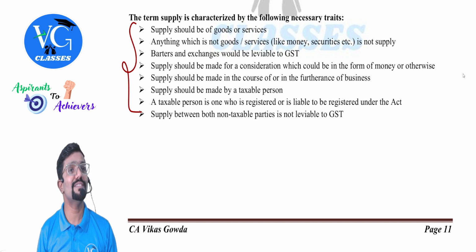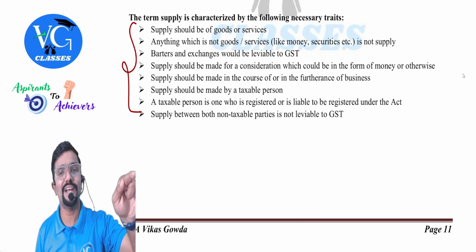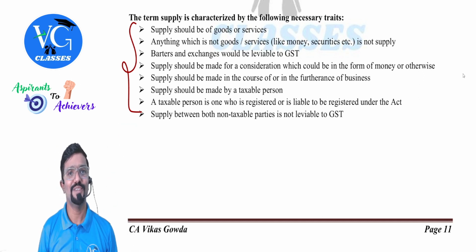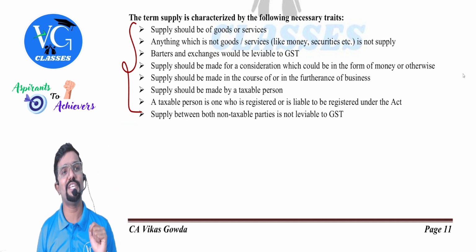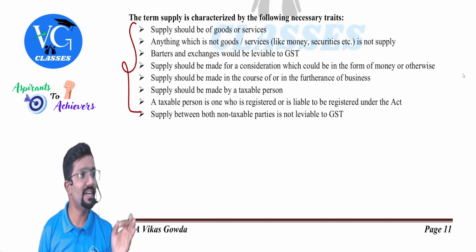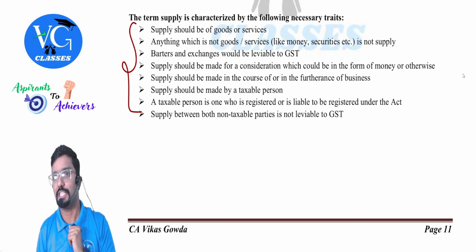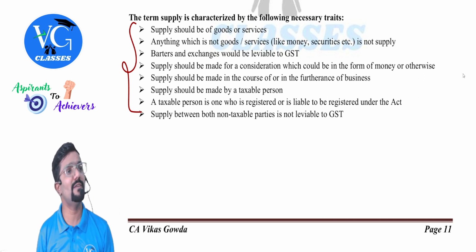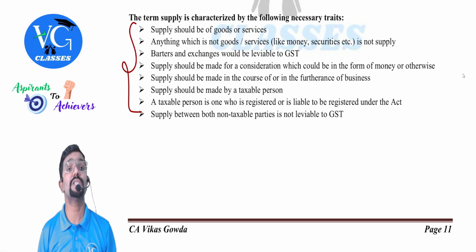Are you a taxable person? Yes, you are a taxable person, because you are liable to get registered, but not yet registered. The day you are liable for registration is the day from which you are liable to pay GST. Hope you understood. Means from the day you became liable for registration is the day your liability for GST starts.